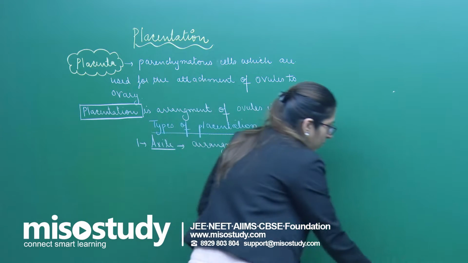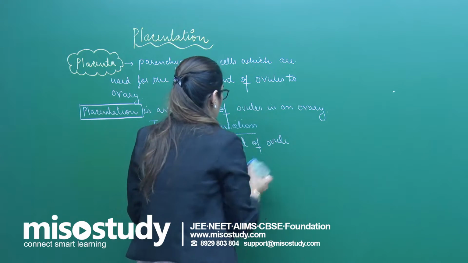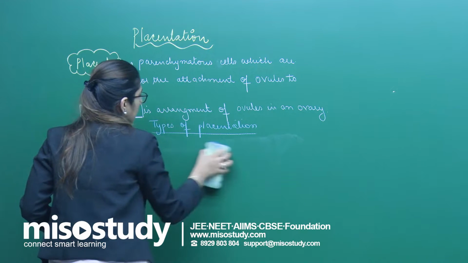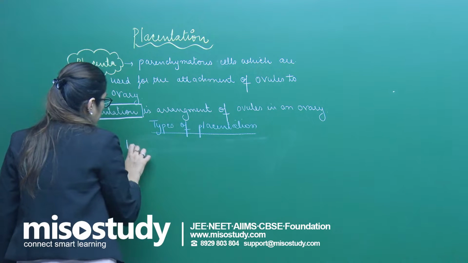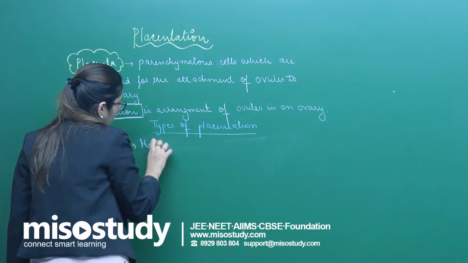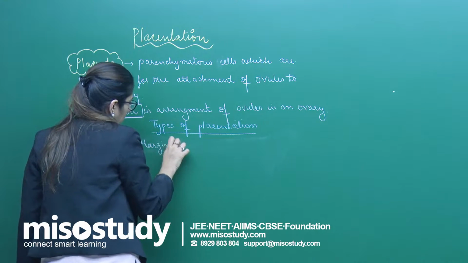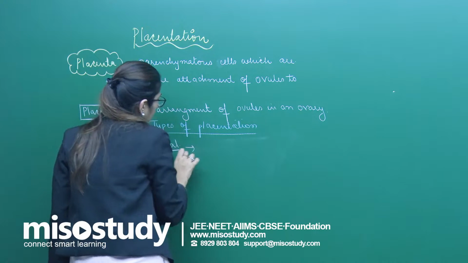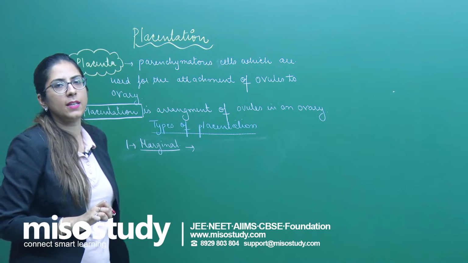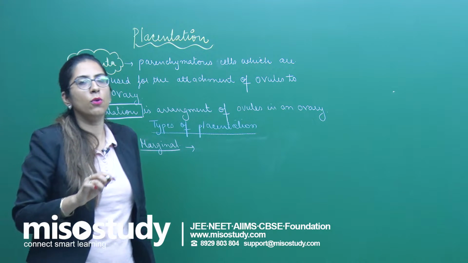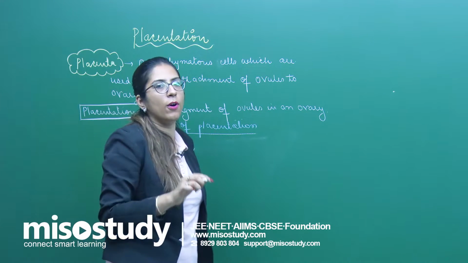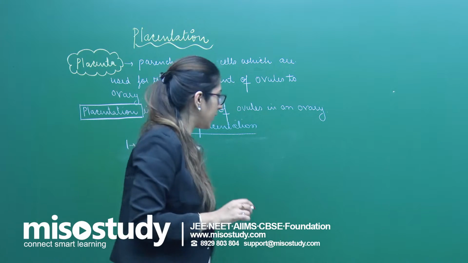First of all, let us discuss about the marginal, because we have only one example, then we will proceed towards the others. So, first let us discuss about marginal. In this case, a single ovary and a single ovule is present. One of the ends of this ovary folds itself and forms a placenta, right?